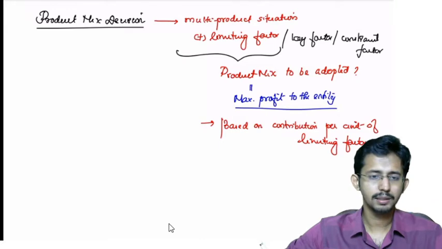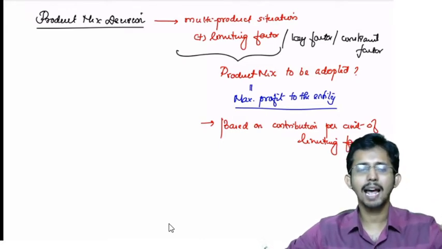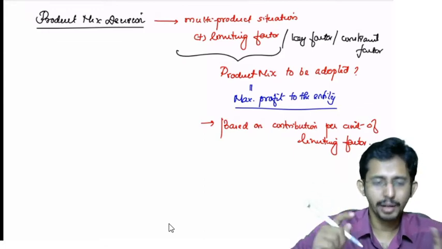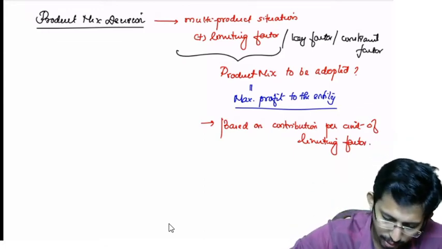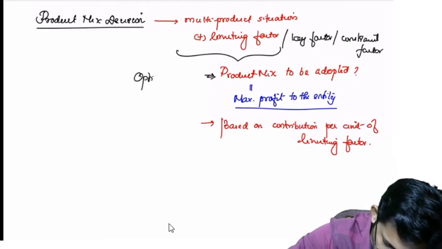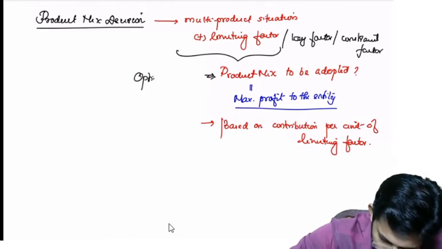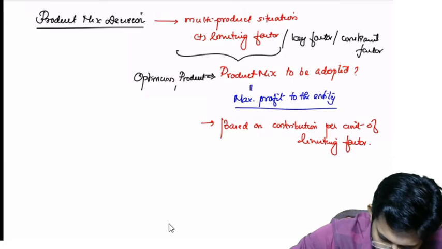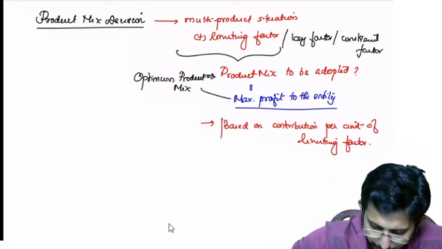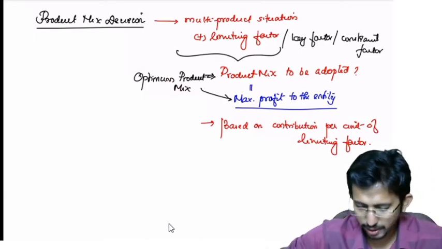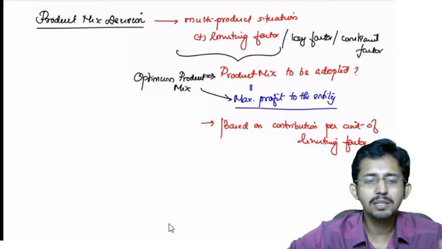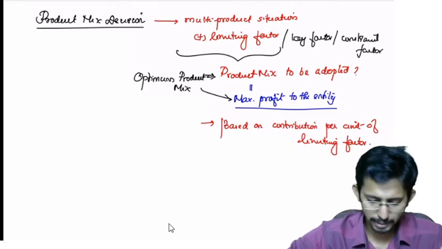That means if labor hours act as a limiting factor, then the optimum product mix, the product mix to be adopted, is also known as optimum product mix. And what do you mean by optimum product mix? Optimum product mix is the product mix which gives the maximum profit to the entity. So the calculation of the optimum product mix should be based on the contribution per unit of limiting factor.